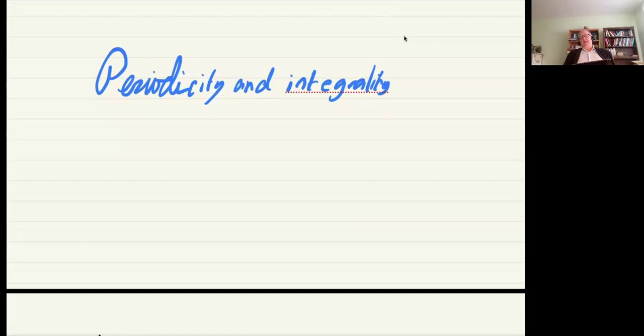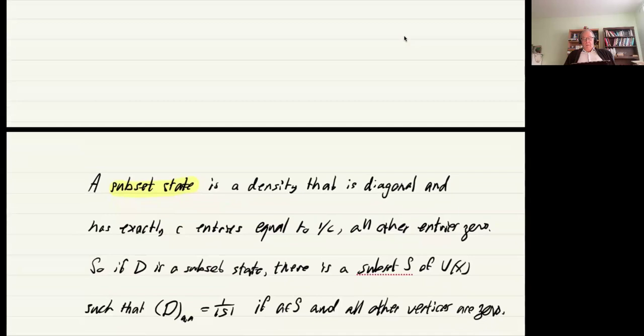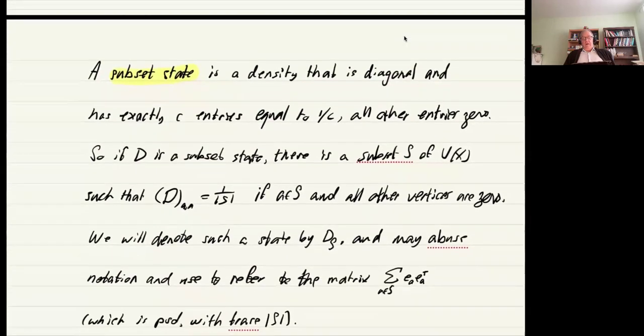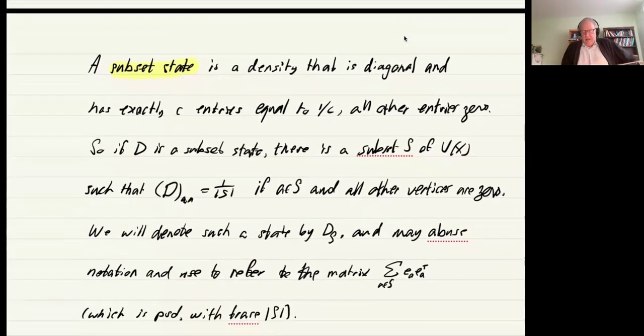Now, the reason we need this is because I want to work with the eigenvalue support of a vertex or of a state in a graph. I could have been lazy and just worked with vertex states, but for reasons which I might get to today, I'm going to work with subset states.